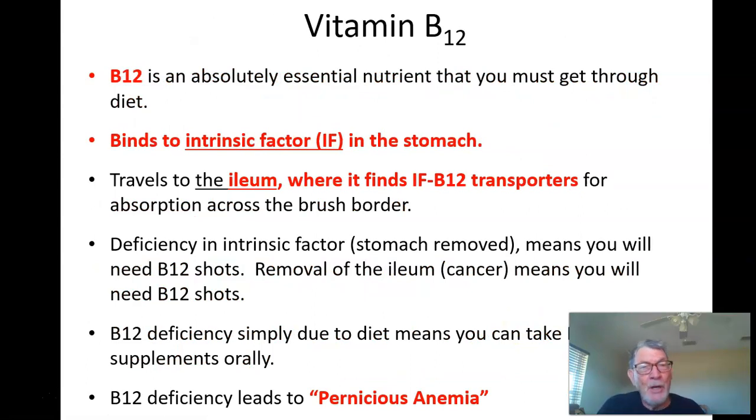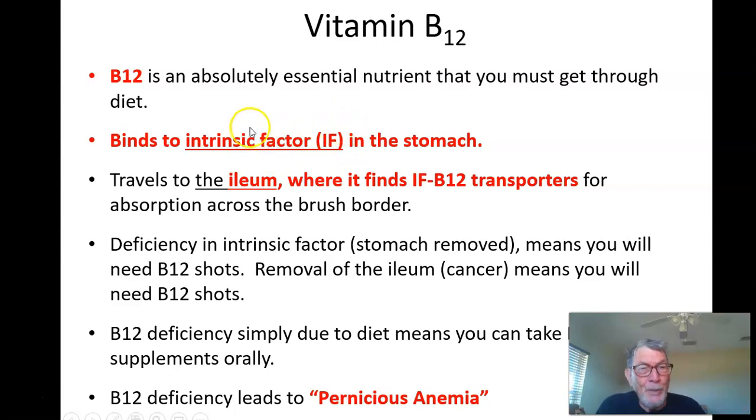And we've already mentioned vitamin B12. It's a different kind of a guy. It mostly comes from meat or vitamin B12 supplements. Intrinsic factor is produced in the stomach. As you digest the protein and release the B12, it binds to this intrinsic factor either in the stomach or down in the duodenum, in the very proximal duodenum.